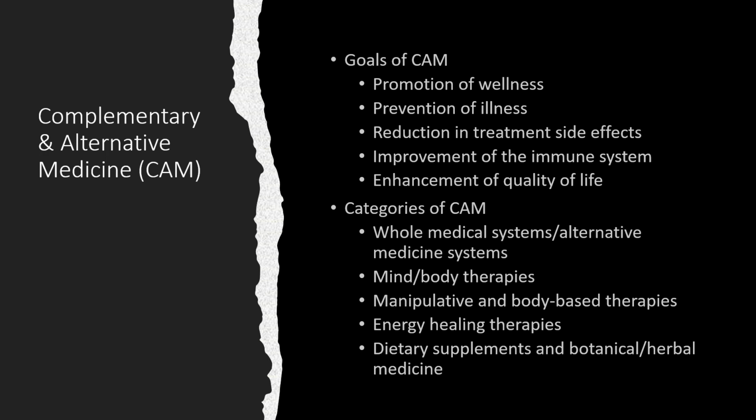So, different examples. Ayurvedic medicine is a natural medical system that originated in India. It uses a combination of herbs, yoga, massage, and diet to restore balance and wellness. Traditional Chinese medicine, also referred to as acupuncture, is the oldest and most continuously practiced medicine in the world.